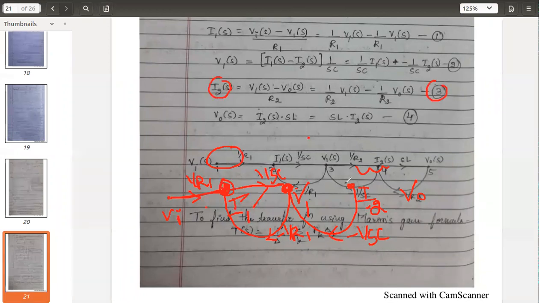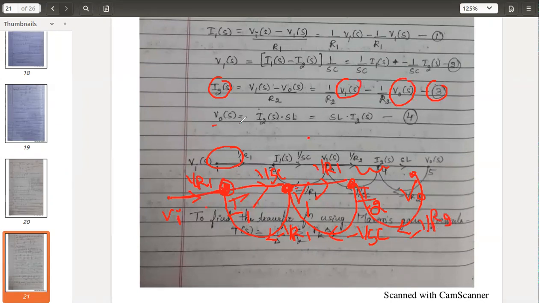At I2, we will see what all signals are coming. One is coming from V1. So it is a forward path, take it directly with 1 by R1. And there's one more, it is coming from V0. So from V0, I cannot have a backward direction. Take again a curved line with the value 1 by R2, that is minus 1 by R2.